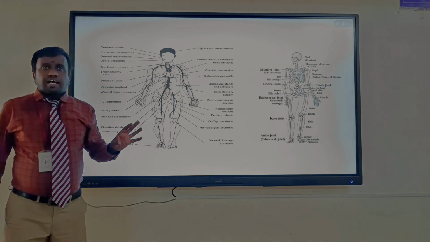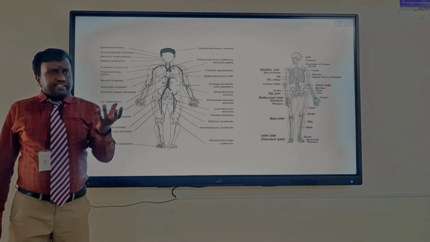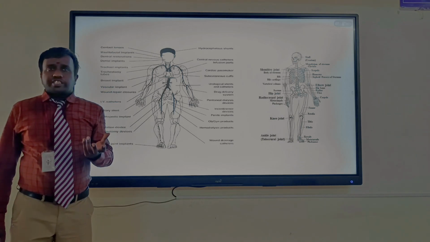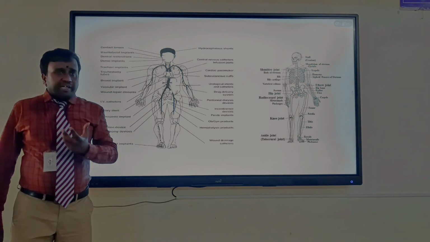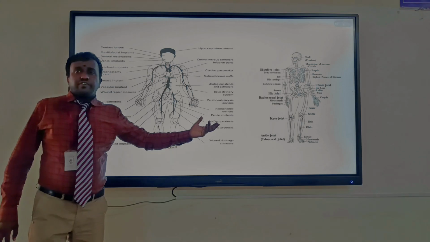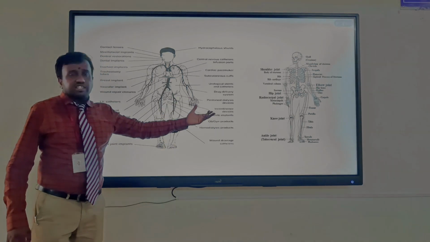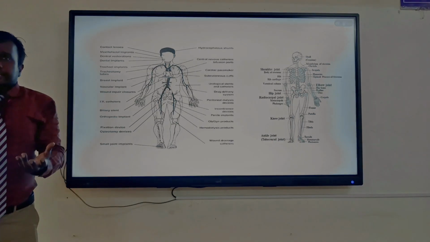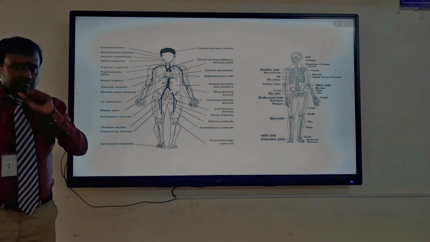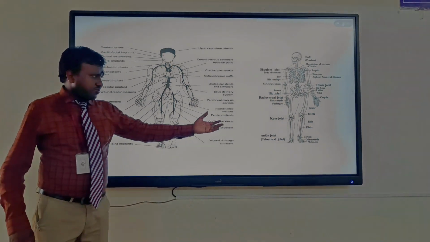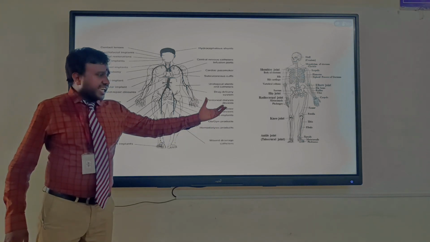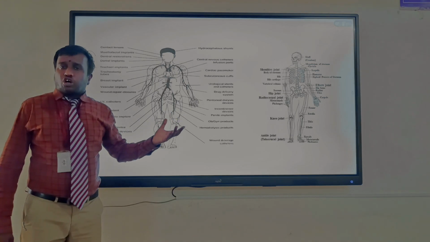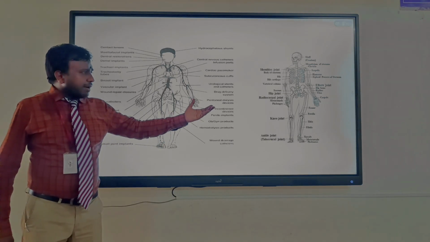As age progresses, the natural fluid inside the joint will automatically decrease. What is the use of this fluid? It is called synovial fluid, which we will see in the coming slides. This fluid acts as a lubricant and reduces the wear of the joints. But as a person ages, most elderly people suffer from knee pain.